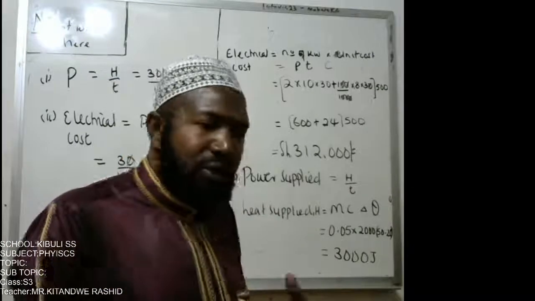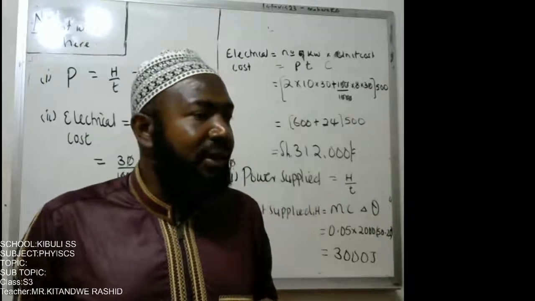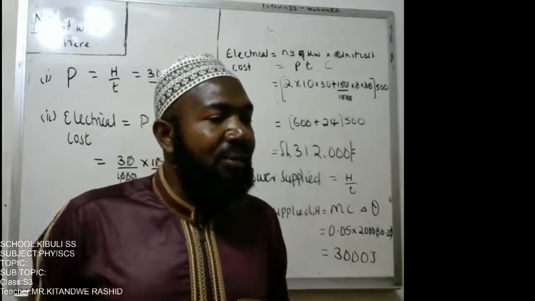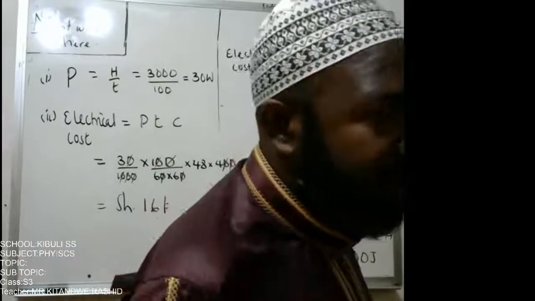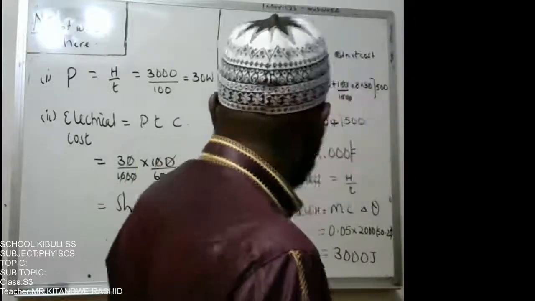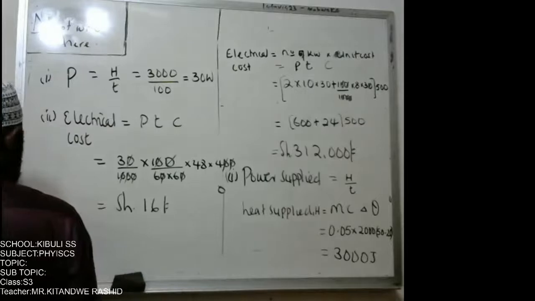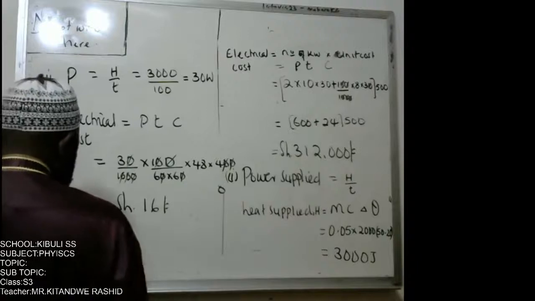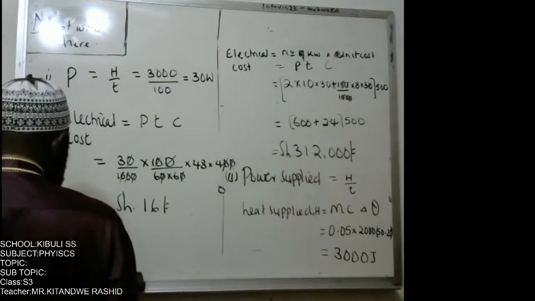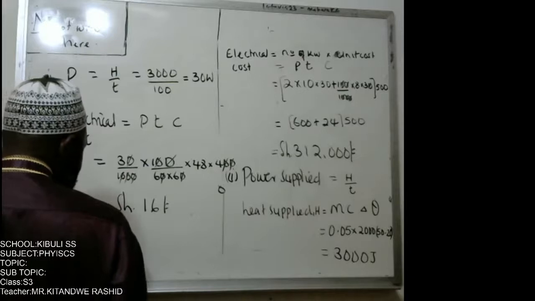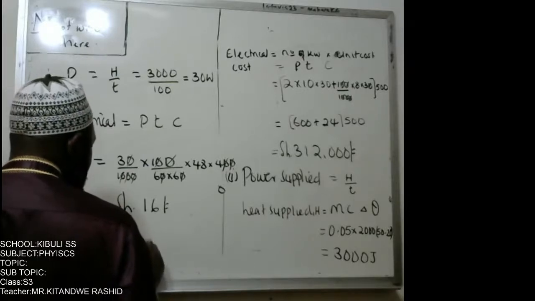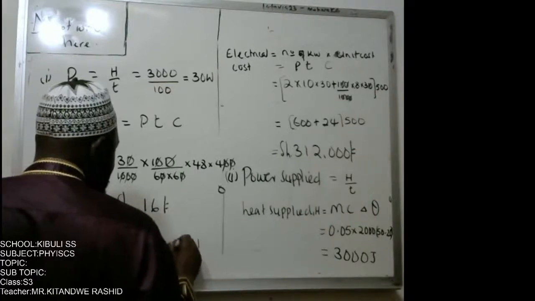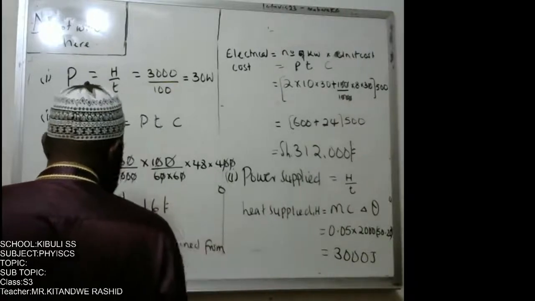So the assumption is that the heat supplied by the heater was heat gained by the oil in the calorimeter. Are you getting it? So assumption: no heat was lost or gained from the environment or from the surrounding.